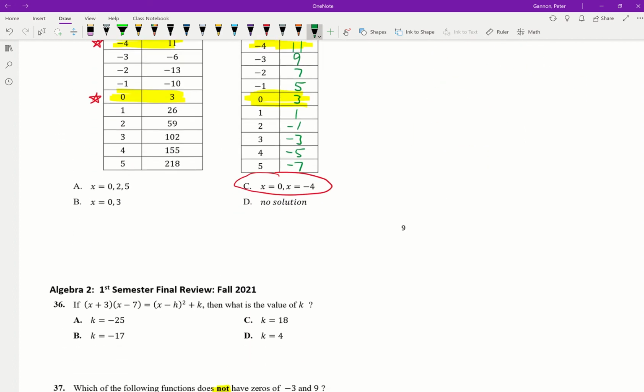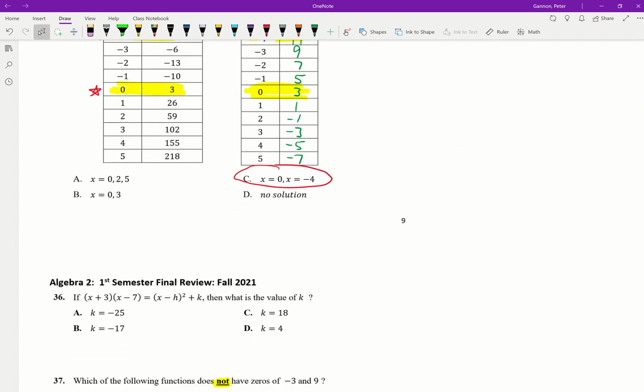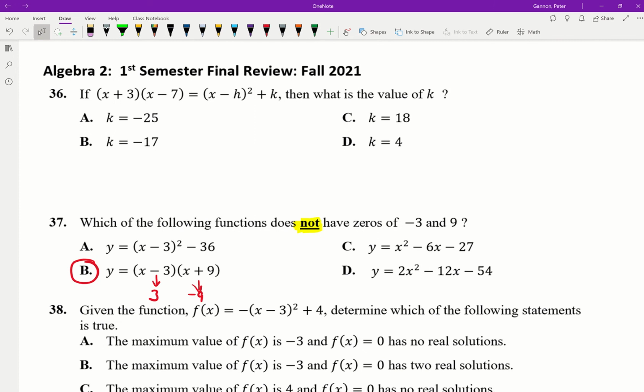All right, keep going. Let's go 36. 36 is kind of similar to what we just did on 34. The difference is we're trying to find k only, and we're given what's called intercept form. First step is to put it into standard form simply by distributing.